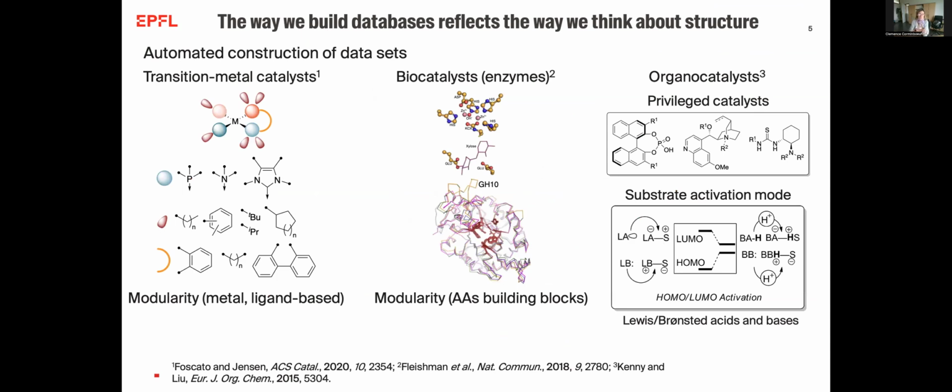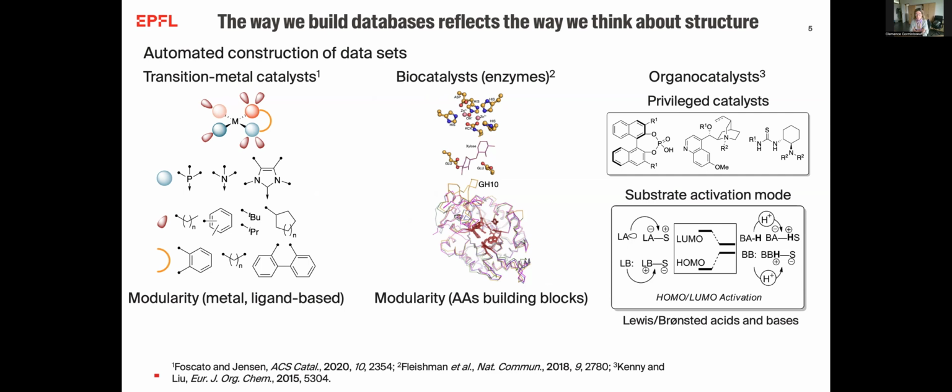The way we generally build databases really reflects the way we think about structure. It's, for instance, very easy to have an automated workflow to construct transition metal catalysts. Here is an example from Jan Janssen from 2020, where transition metal catalysts, you have to think of them in terms of a metal to which are attached some ligands, and those ligands might contain substituents.